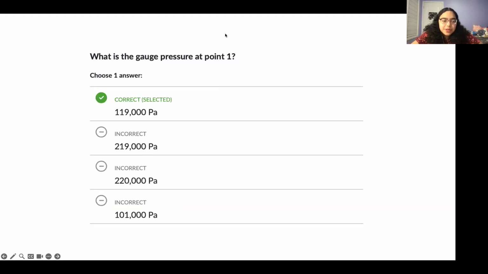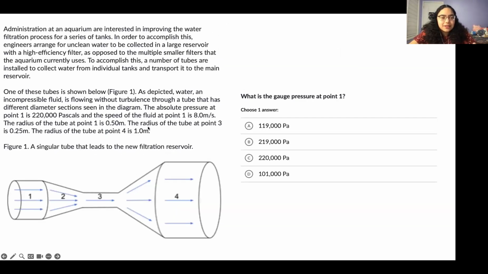And then gauge pressure, like I said, is the pressure relative to atmospheric pressure. So you just subtract out atmospheric pressure for everything. One thing that's good to know, because here they didn't give it, I don't think actually: 1 atmosphere is equal to 101,325 pascals.